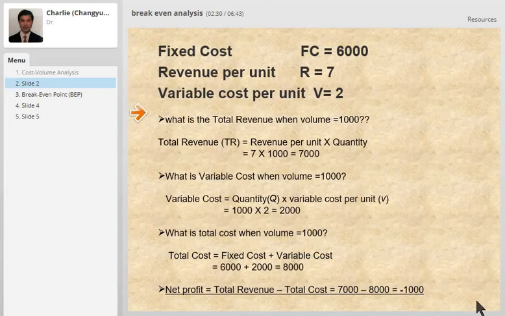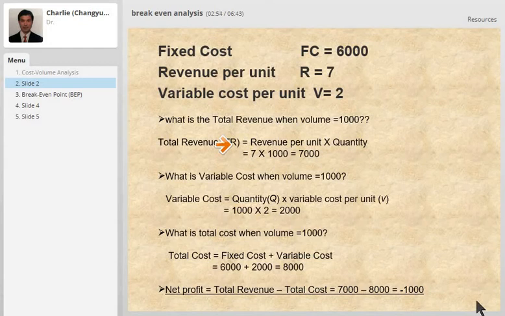Now we want to know what is the total revenue when the volume equals 1,000. We know total revenue equals the revenue per unit times quantity. So revenue per unit is $7. Quantity is 1,000. 7 times 1,000 equals 7,000.